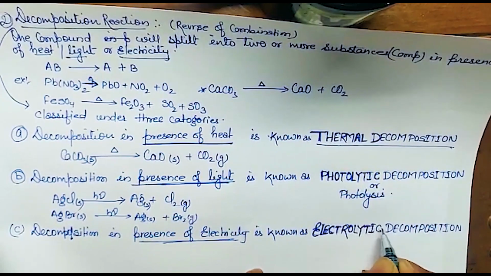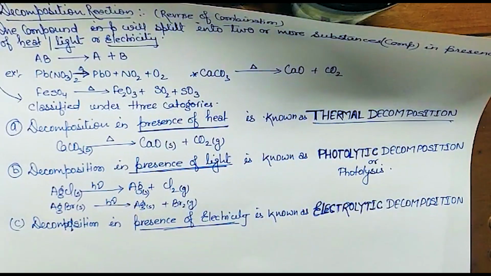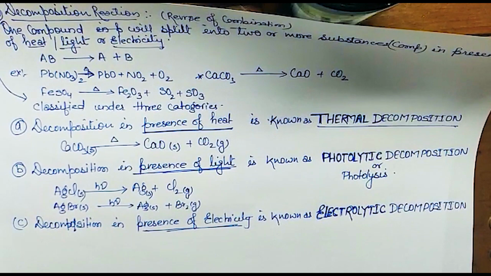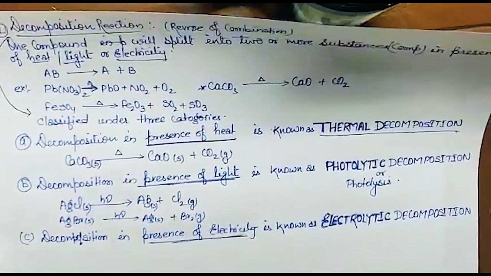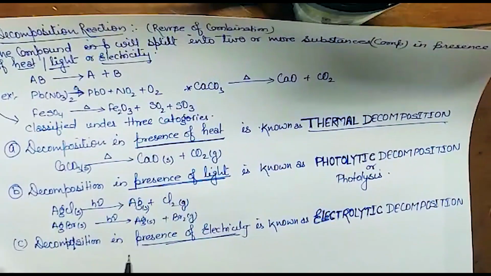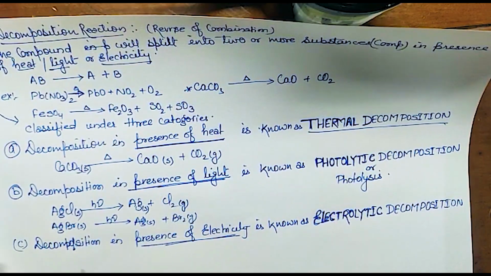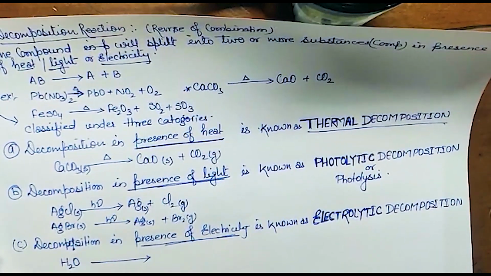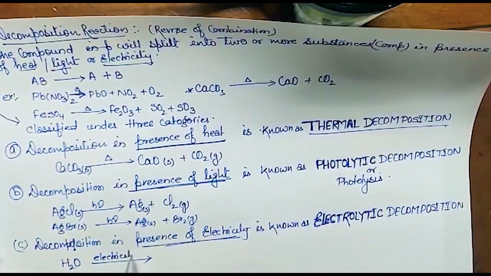Let's do some examples with this electrolytic decomposition. Like whenever water, or we can say NaCl also, it goes. So just write down another example: in presence of electricity, H2O undergoes decomposition.